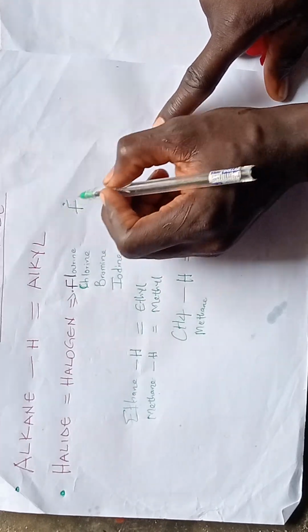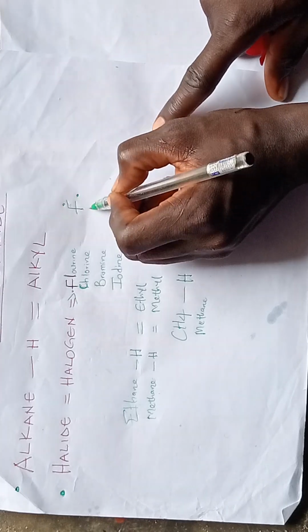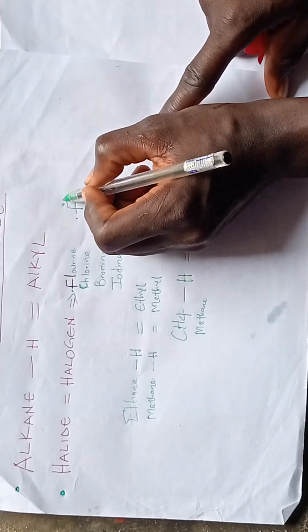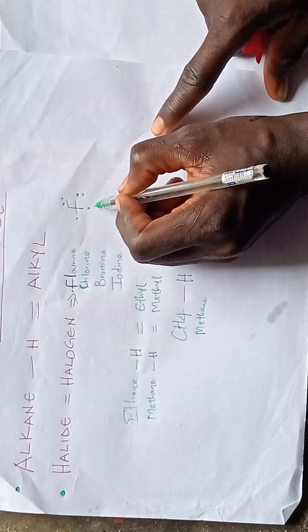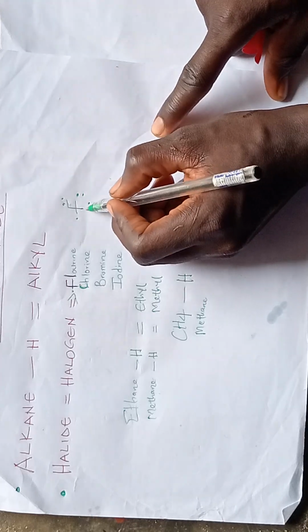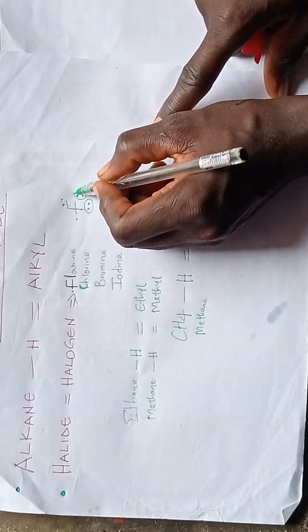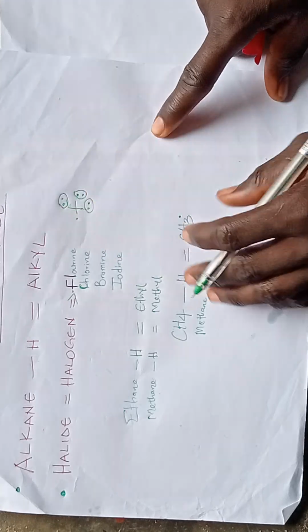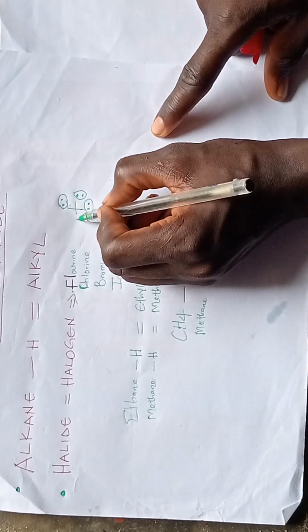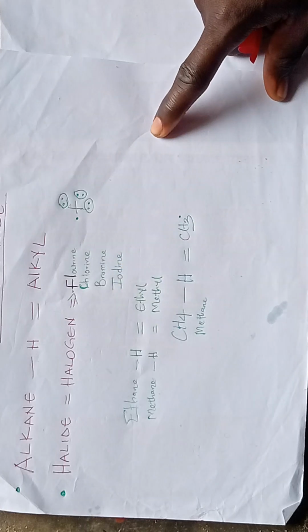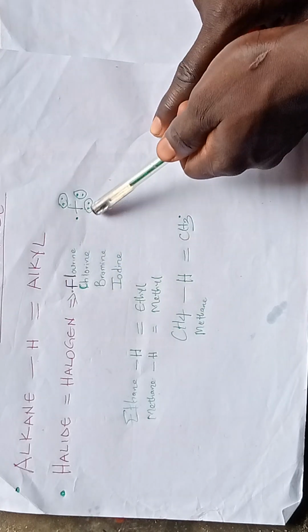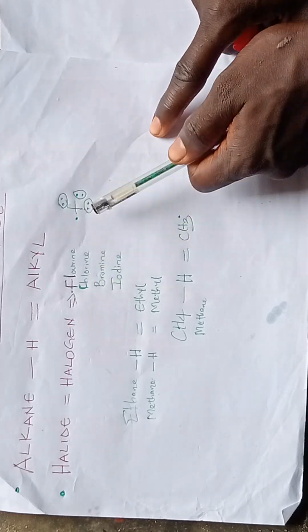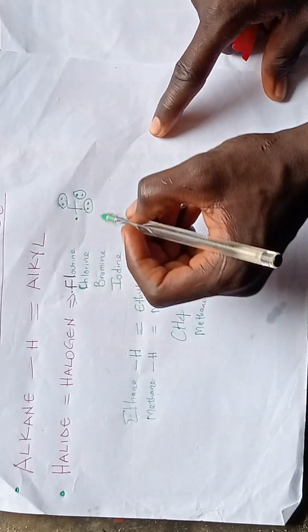Fluorine, for instance, since they are in group 7, 1, 2, 3, 4, 5, 6, and 7. Whenever you see a pair of electrons in the configuration of an atom, it is called a lone pair. So this is the only available single electron. It's only single people that search for partners. So it's only this single electron that can be used in bonding. So we call this the bond electron.